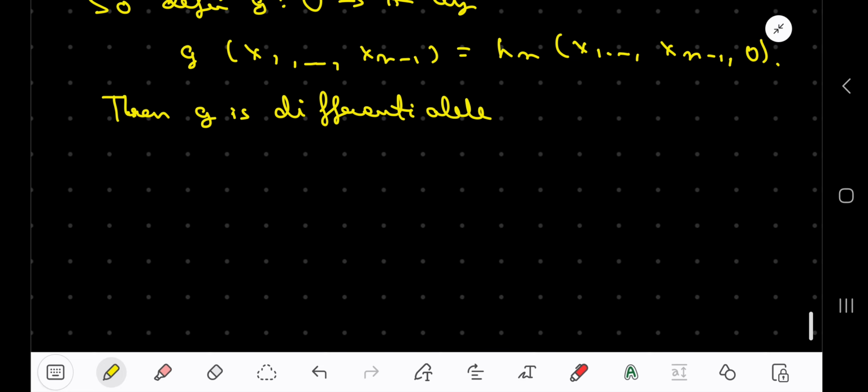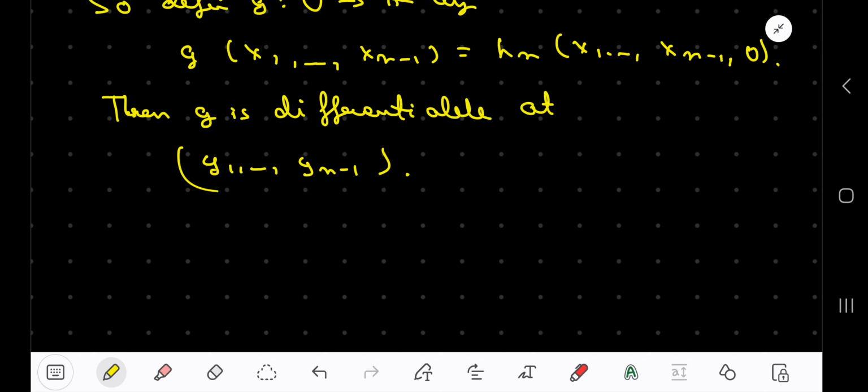We just saw that Hn is differentiable at the coordinates y1 till yn minus 1 comma 0, because f inverse is differentiable. So G is differentiable at the coordinate y1 till yn minus 1. Now we are good to go.